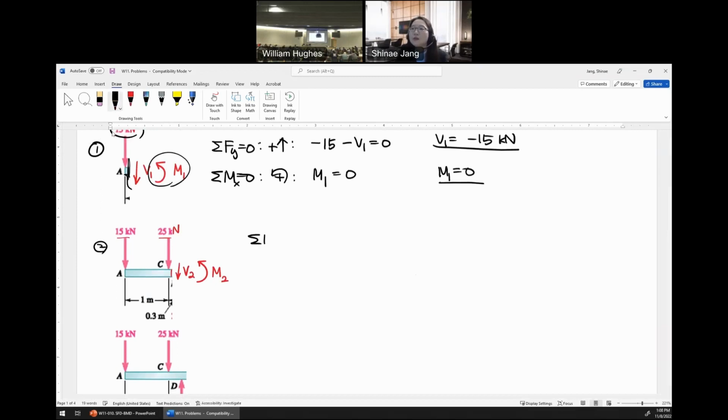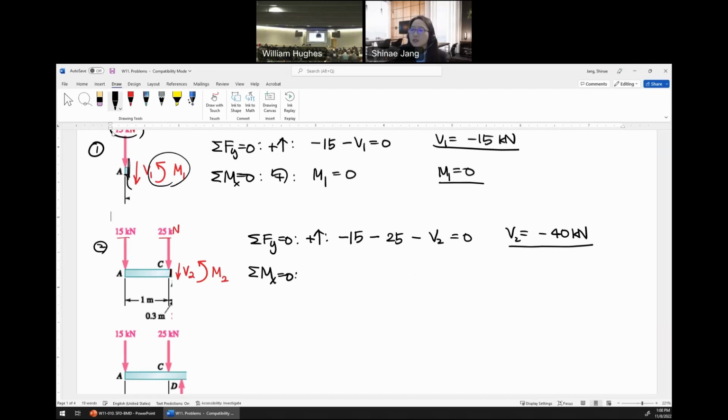And then we'll solve the Fy equation again. The same procedure, so let's try this one again with me. 15 downward, 25 downward, and then V2 downward. So V2 equals minus 40 kilonewton, right? So Fy is done.